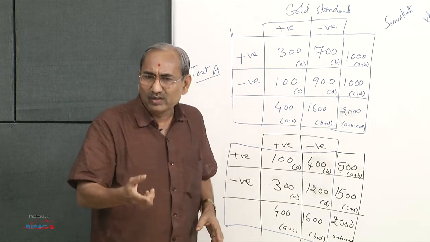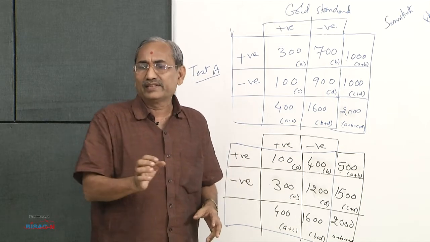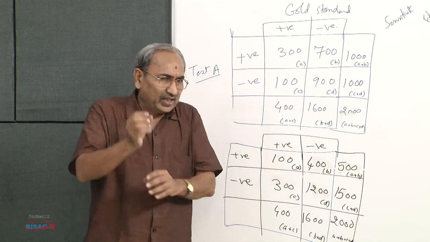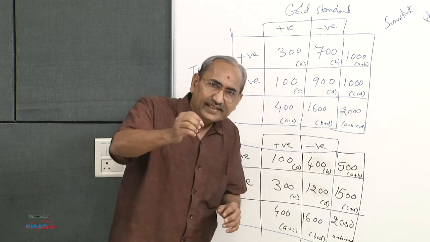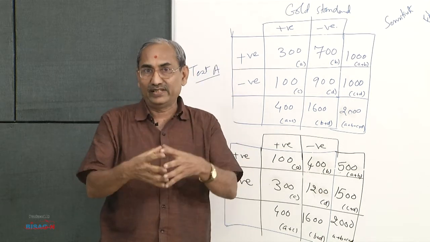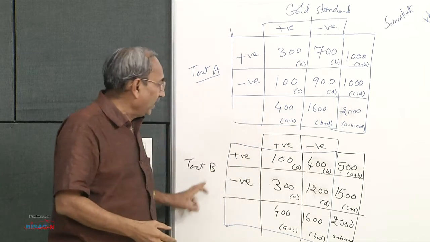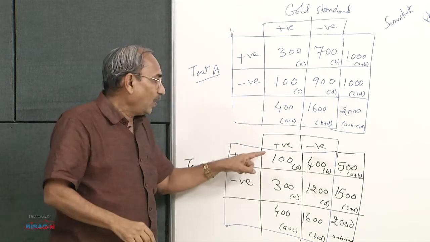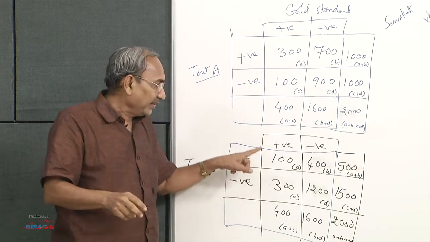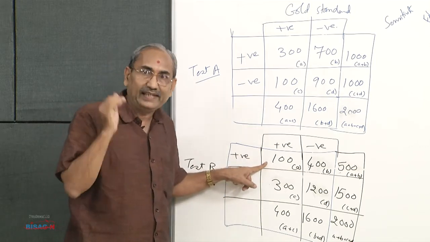Even with a small stimulus, a person who is irritated is highly sensitive. That means even if a small presence of a disease is there, this test will detect it. That means it is highly sensitive. Now, in this case test B could detect only 100 out of 400. That means the sensitivity of this test is much less.